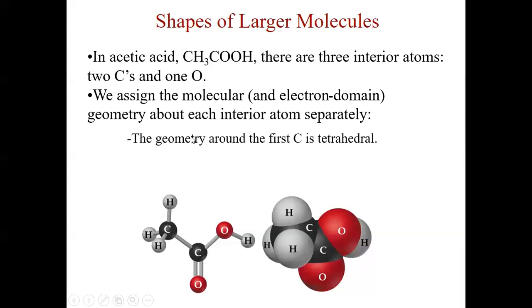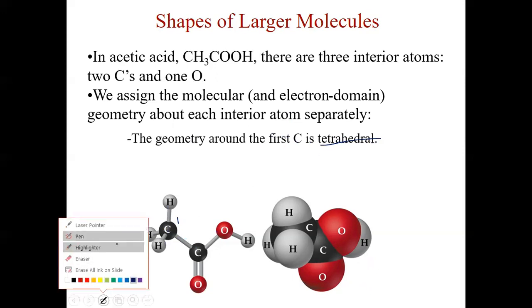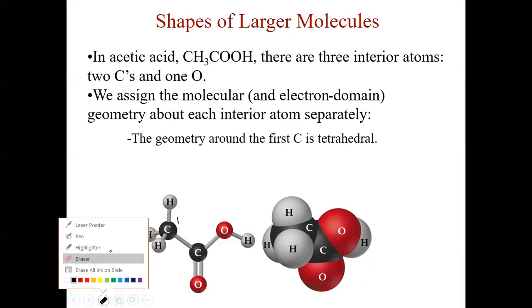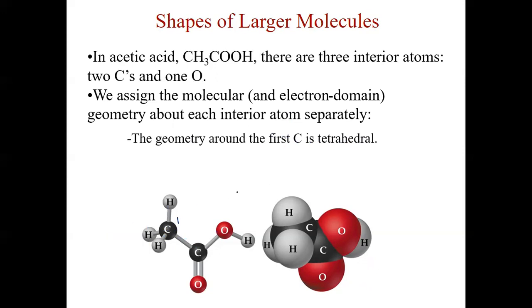This first carbon has the 3 hydrogens bonded to it, and it's bonded to another carbon, so it has 4 electron domains. So that first carbon has a tetrahedral shape. This is both its molecular and electron geometry.